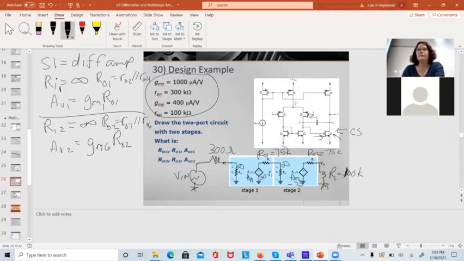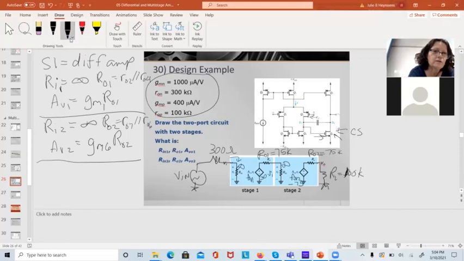The input and the output resistance is pretty straightforward. The input resistance is the resistance looking in here overall. So for my 2-stage, my RN would be infinity because it's the input resistance looking into the first stage. My output resistance would be the resistance looking into here, and it's the output resistance of the second stage. And the gain is going to be a little bit trickier.